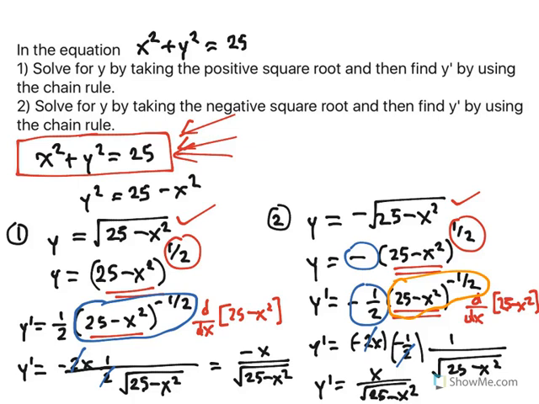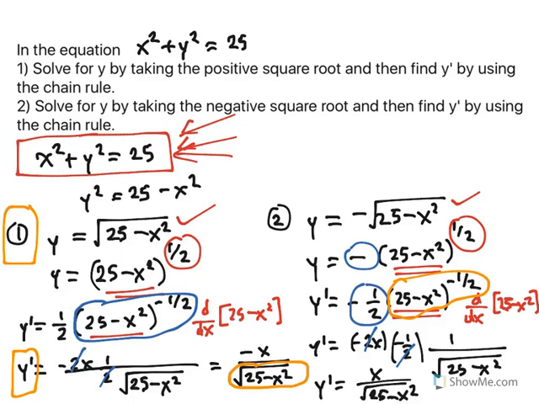And in other problems where you cannot isolate y from the explicit relation, implicit differentiation would be the only way that you would know how to find the derivative. But before we do that, let's take a look at if we can simplify what we have here. So in the first case with number 1, I have y prime, and I have negative x in the numerator, and in the denominator I have the square root of 25 minus x squared.